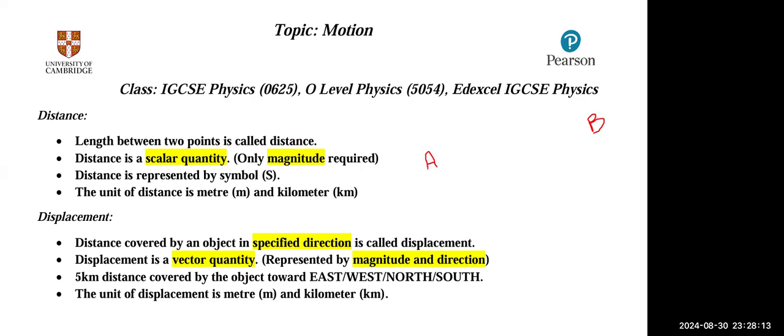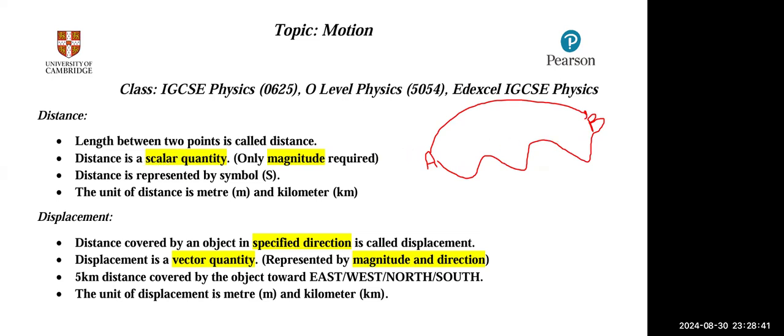For example, you are going from A to B in different directions. Suppose one path is this one, and the second path is that you are moving by this pattern and reach point B from A. In both cases the length is different, so we can say that there is no specified direction to cover the distance.